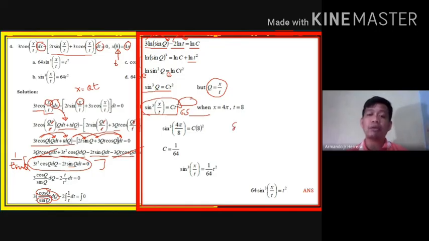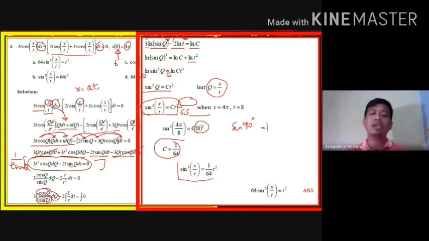And sine pi over 2 is 1. So sine 90 degrees, sine pi over 2 or sine 90 degrees is equal to 1. Raised to the third power is 1 equals 64c to solve for the value of c. Then c is 1 over 64.